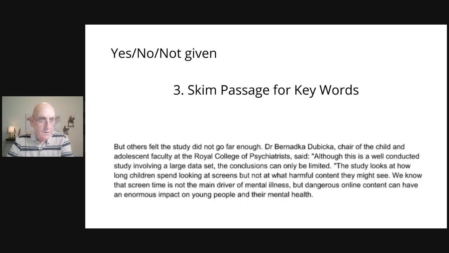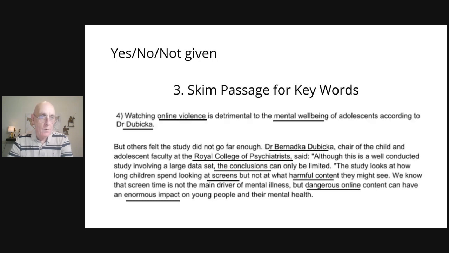And then we'll go to one more portion of the passage. We've underlined the key words again. And now we're looking to see whether number 4 agrees. Watching online violence is detrimental to the well-being. Again, a very strong opinion because it says is, not may or might. And we can look, and it says the study looks at how long children spend looking at screens.